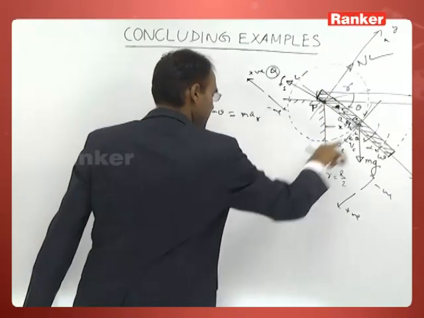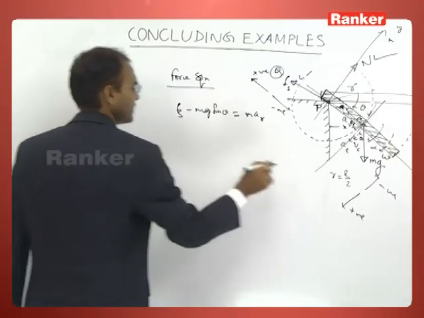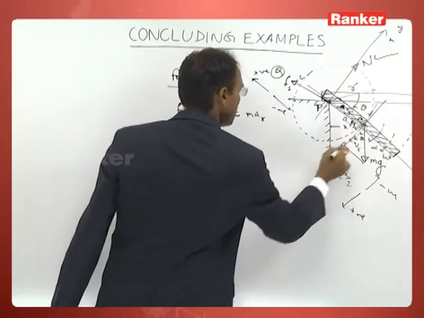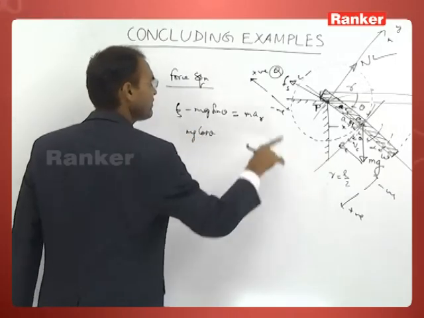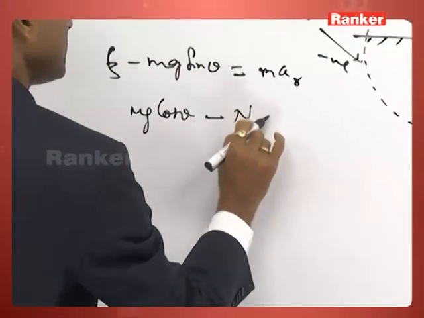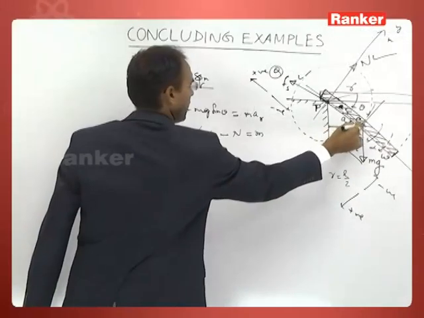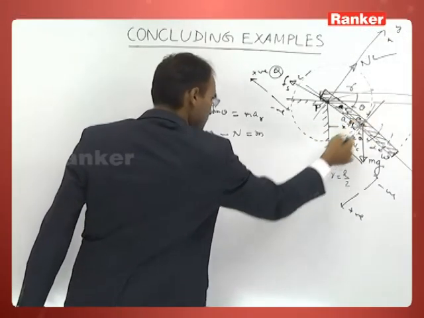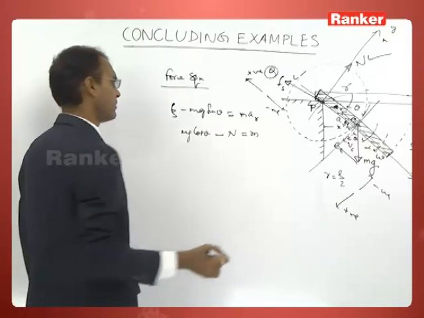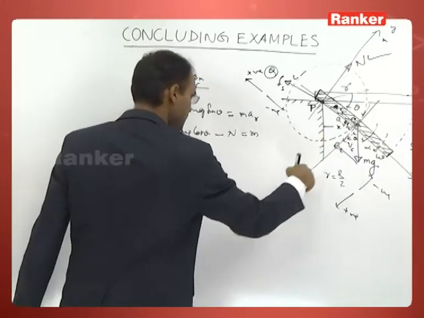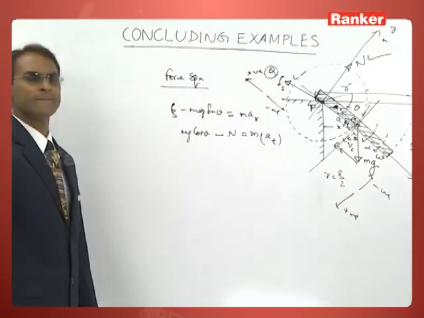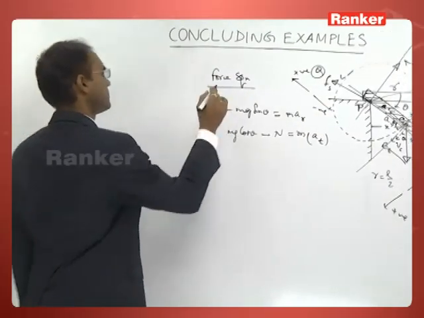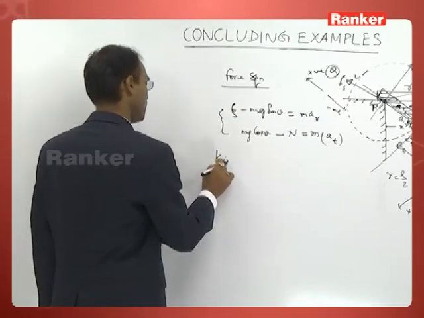Along this direction, the force component of mg is mg cos theta, which is positive, and normal reaction is negative. And acceleration of the center of mass along this direction, we have taken at in this direction. This direction we have assumed positive, therefore plus at. Two force equations, then kinematics.